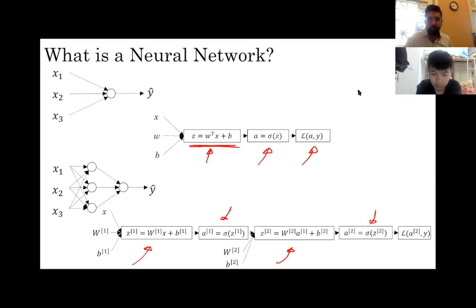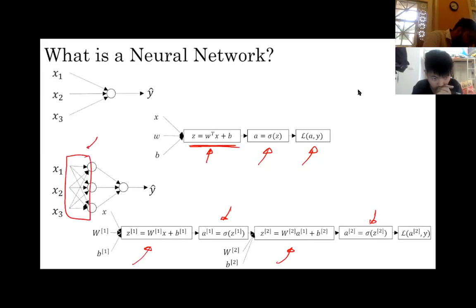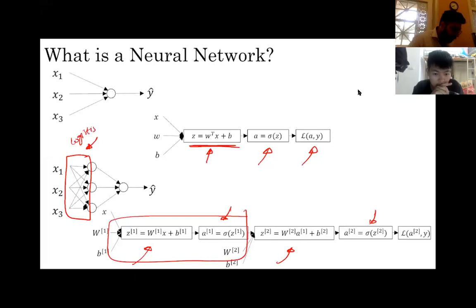So now we have technically the tools to write a loss function in terms of a neural network. Remember, if you look at it, this part is like a logistic regression. That's the first layer. And you can see that this is indeed like a logistic regression type of setup.